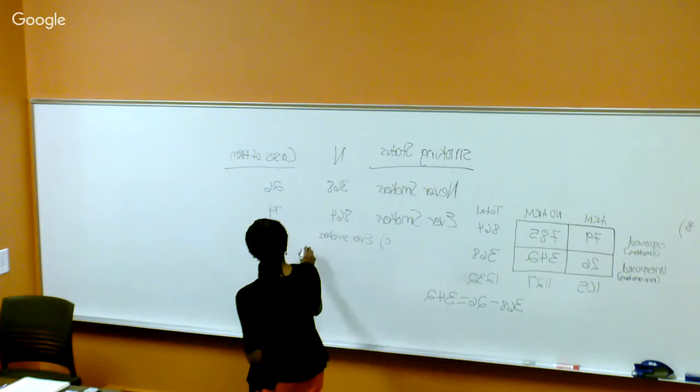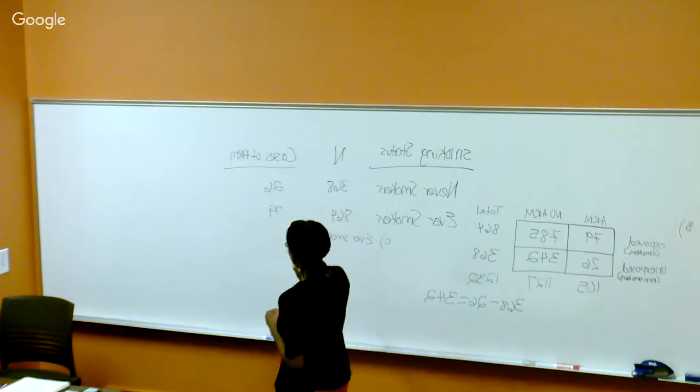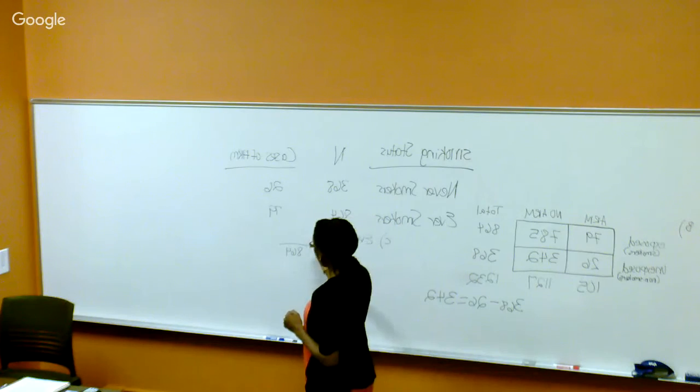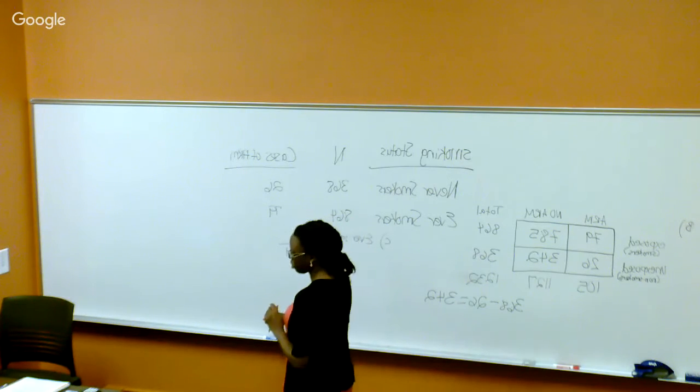So we said the denominator was 864. Yes. Because that's the total number of ever smokers. And so then what would our numerator be? Okay, so it's asking for those who have the disease. So of that, then it would be 79. Yes.